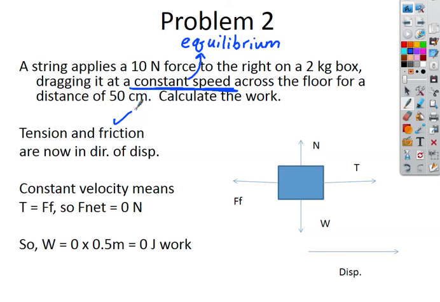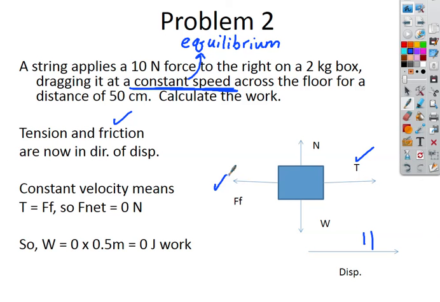So tension and friction are now in the direction of displacement. What I mean by that is they're both parallel with the displacement, which means tension will do work, and friction will do work.